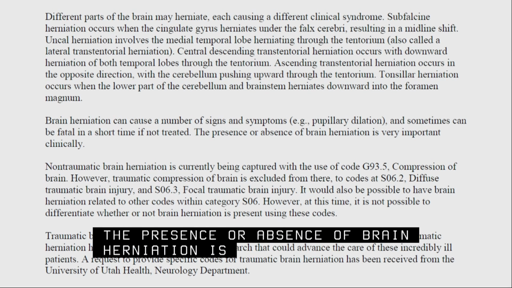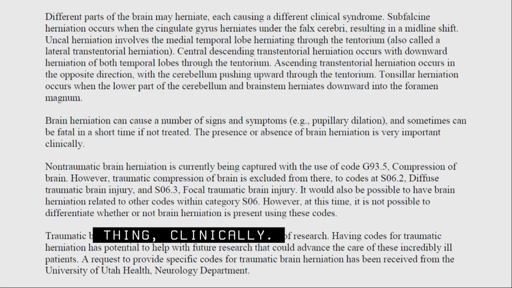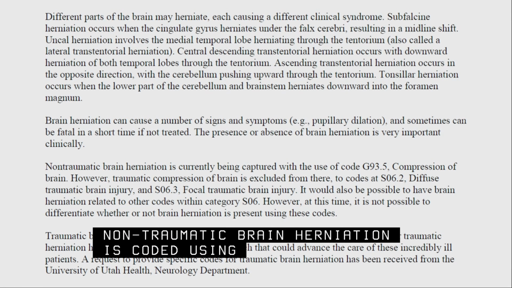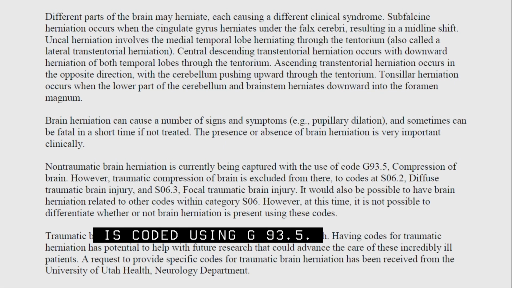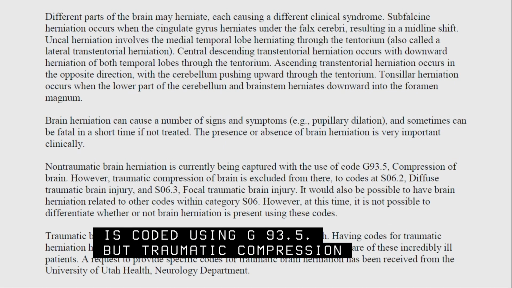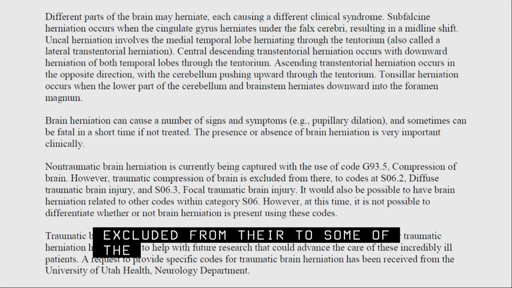Non-traumatic brain herniation is currently coded using G93.5, compression of brain, but traumatic compression of brain is excluded from there to some of the codes at S06.2 for diffuse traumatic brain injury and S06.3 for focal traumatic brain injury.